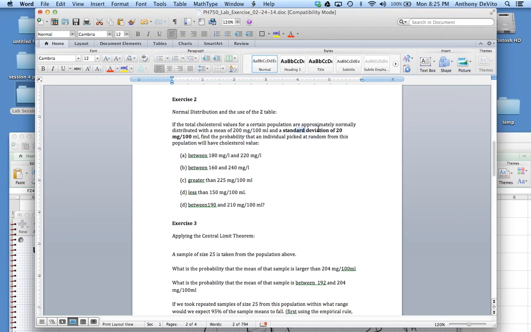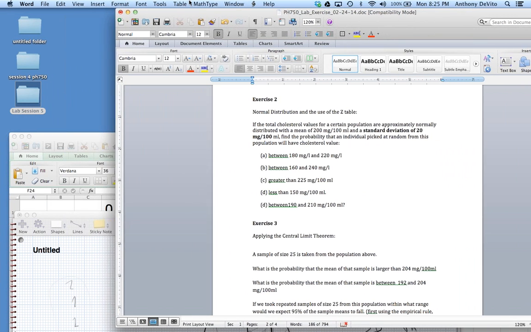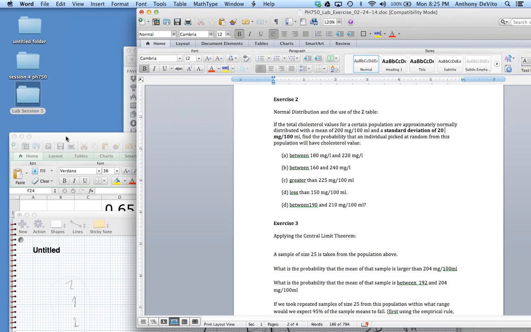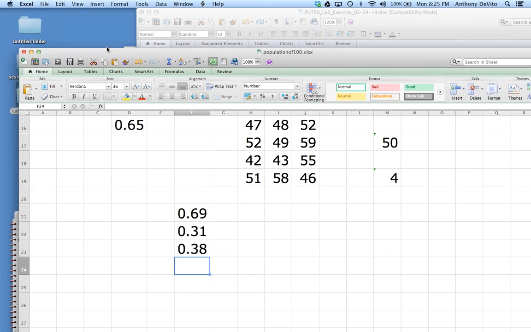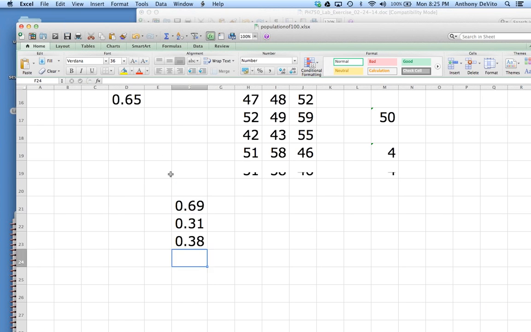We also told you the standard deviation of the population, which is even more important because we need that to calculate our sample distribution standard deviation. Just for this exercise, we're taking it from there.